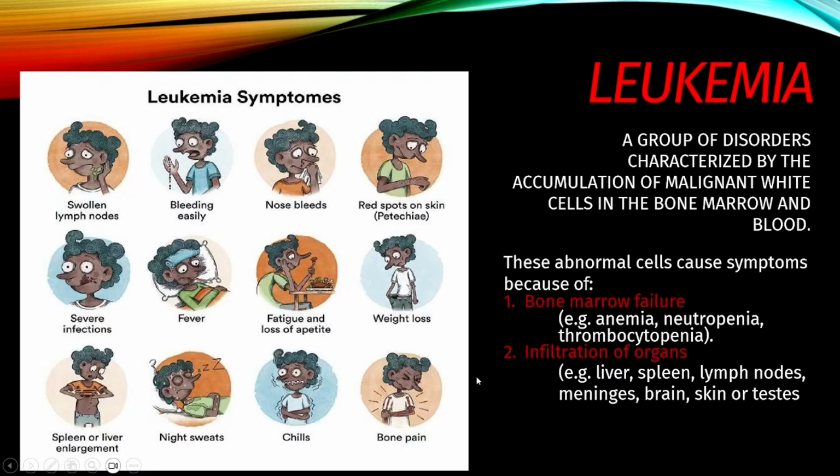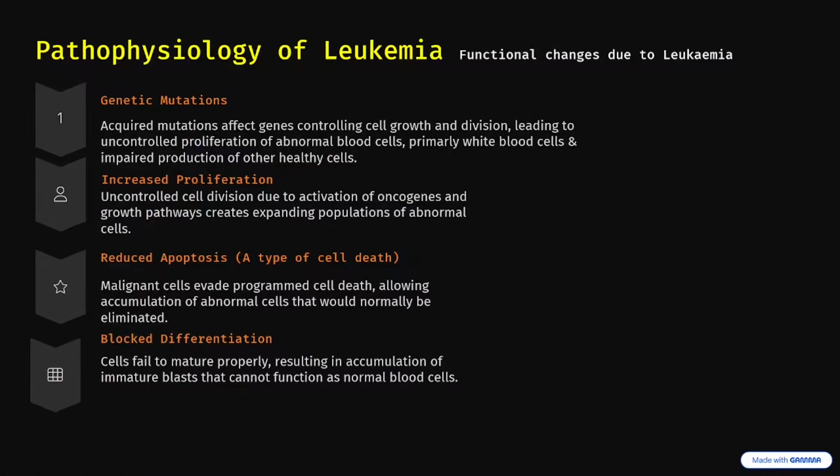These abnormal cells cause symptoms because of bone marrow failure and infiltration of organs. Due to bone marrow failure, anemia, neutropenia and thrombocytopenia will be there for leukemic patients. Organs like liver, spleen, lymph nodes, meninges, brain, skin or testes are infiltrated.